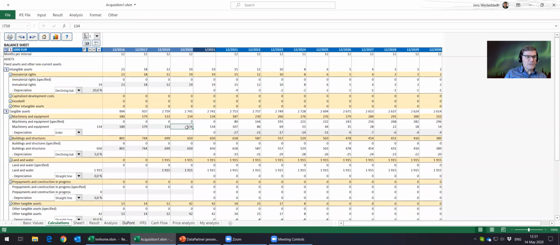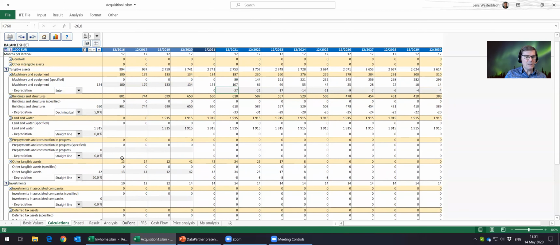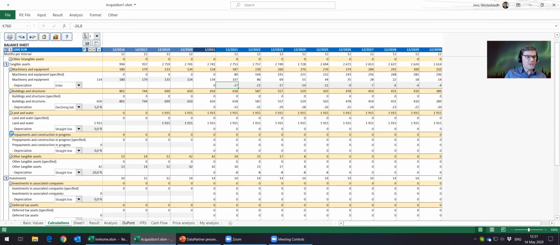And continue with machinery and equipment. And here is an entered depreciation plan. We choose enter and then copied or linked the numbers here. Buildings and structures, land and water not depreciated. Prepayments, constructions in progress.